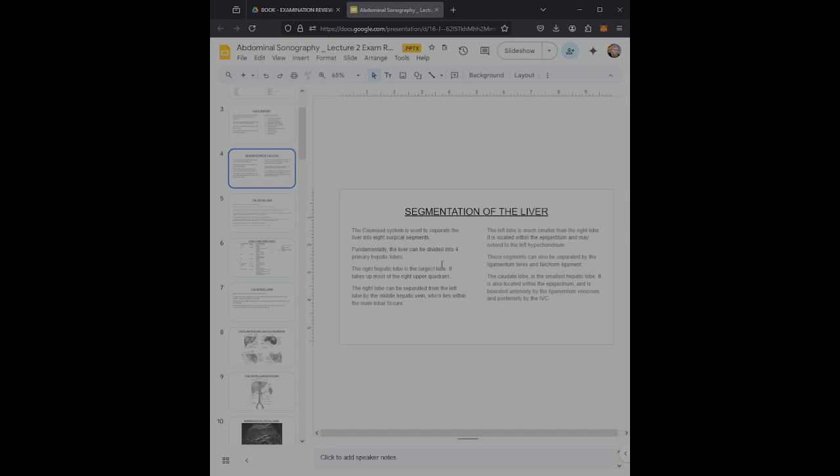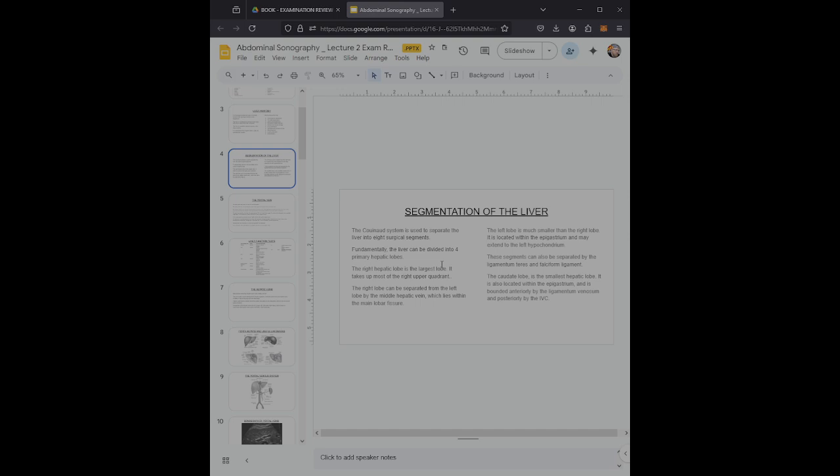Now the left and right liver lobes are further separated into the left medial and lateral segments and the right anterior and posterior segments by the left and right hepatic veins respectively, which are running through the left intersegmental fissure and the right intersegmental fissure.